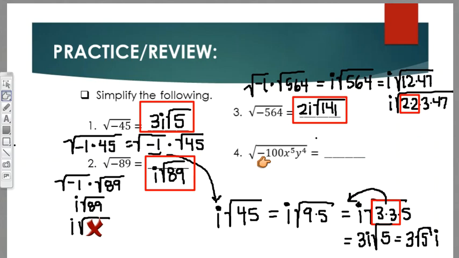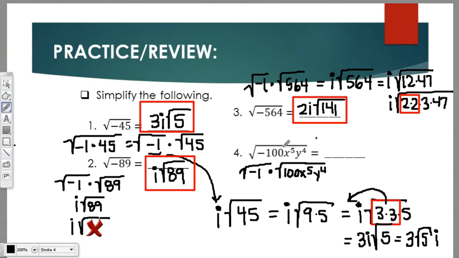Try this one. This one involves exponents with variables, so you've got to be careful. Just like before, I'm going to pull out my -1, times the square root of 100 x to the 5th, y to the 4th.